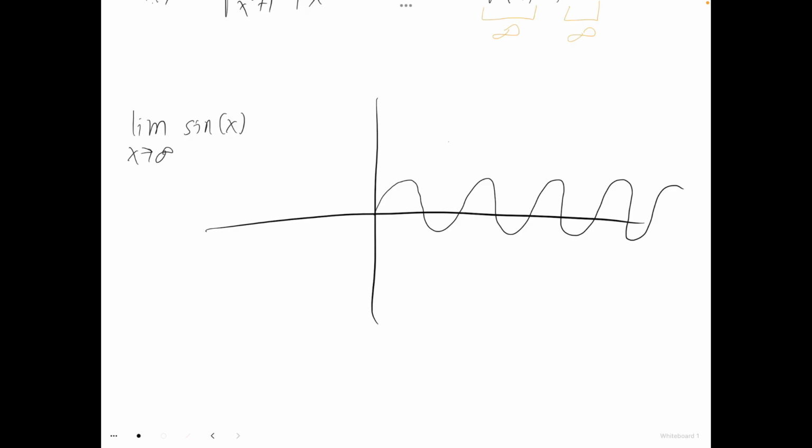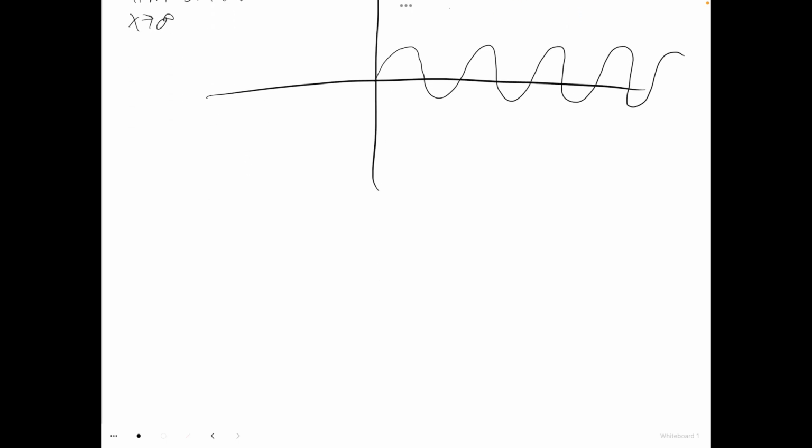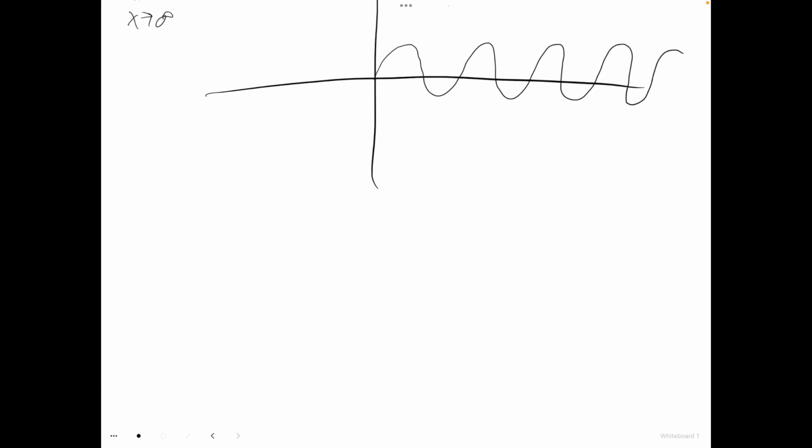And so as we go off to infinity, it's still oscillating. And so because the graph of f of x is still oscillating, in this case, we have that the limit does not exist because we don't approach a number. So the limit as x goes to infinity of something like sine of x does not exist.